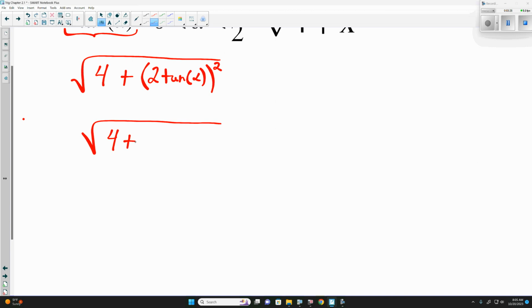Now, since we have 2 tangent of alpha squared, we can multiply it by itself. We don't have a plus sign or minus sign between the 2 and alpha, so we can just square both terms. Our 2 squared is 4, and we get tangent squared of alpha.